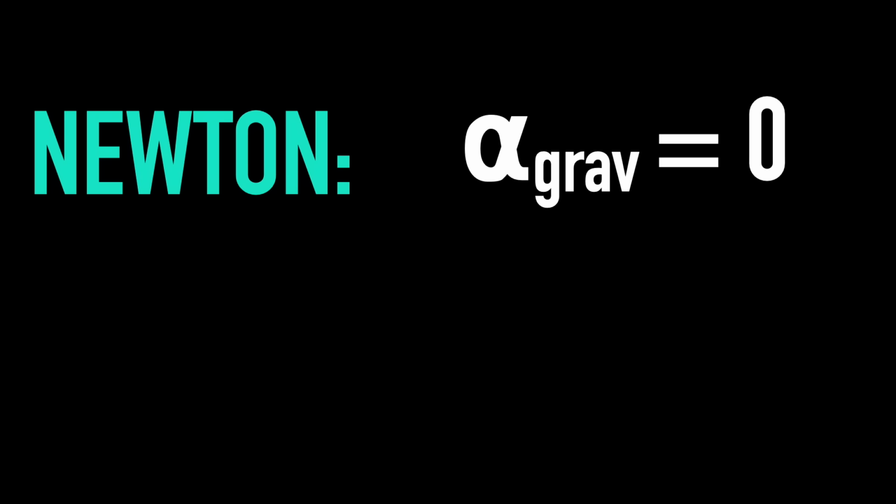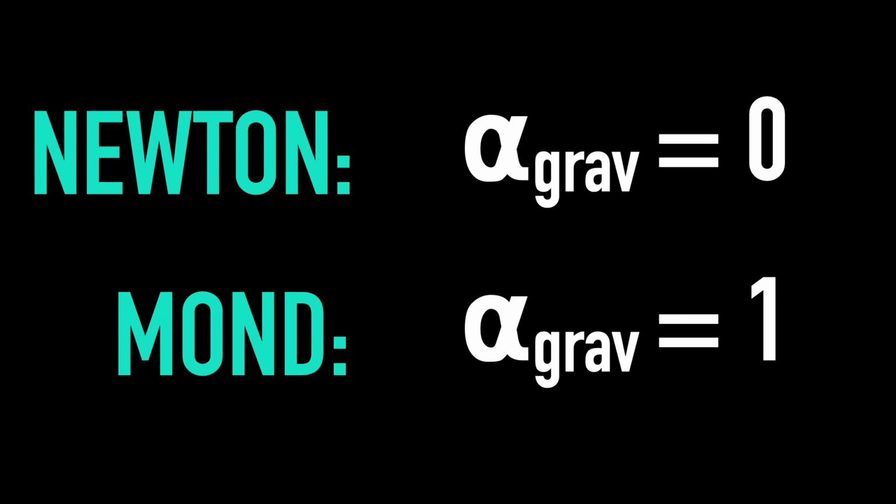And if I use MOND as my theory of gravity, what orbital velocities do I get? And then they can say, okay, this is now how orbital velocity relates to separation for all these different inclinations and eccentricities. And they said, okay, when the orbital velocities are the values that we expect from Newtonian gravity, then alpha grav will equal 0. And when the orbital velocities are what we'd expect for MOND, then alpha grav equals 1.